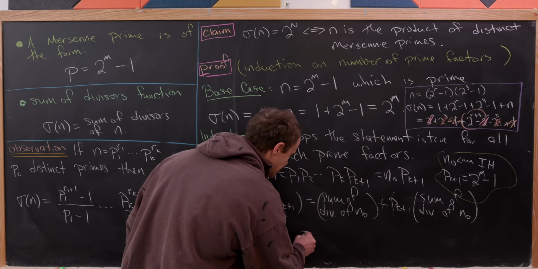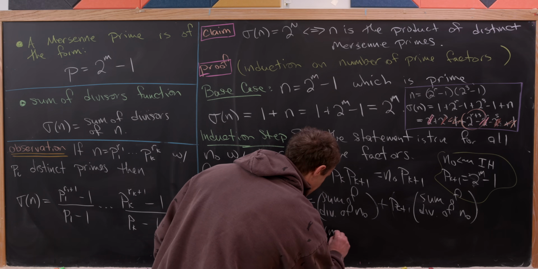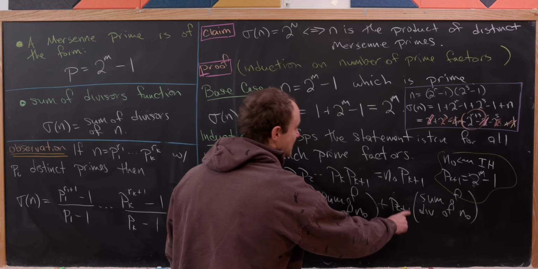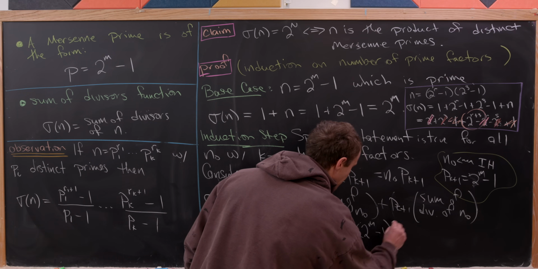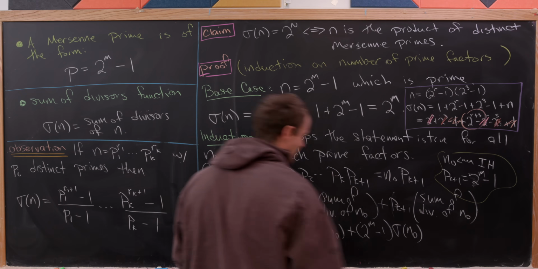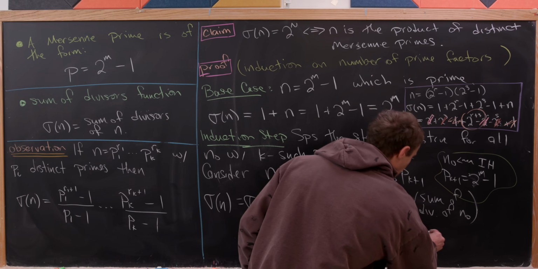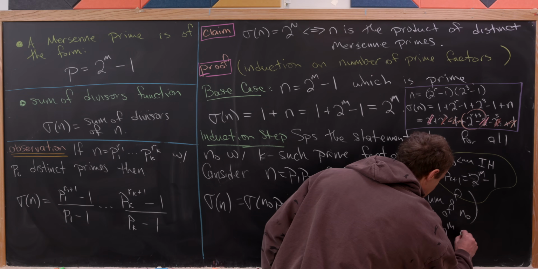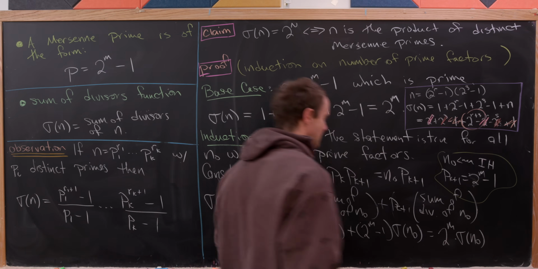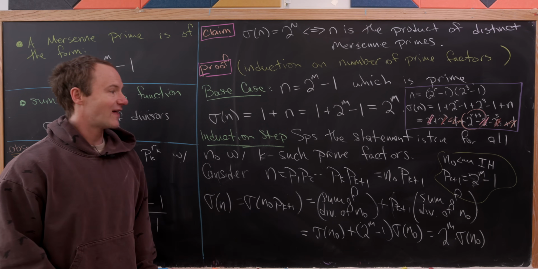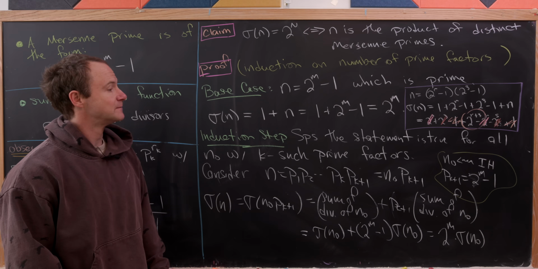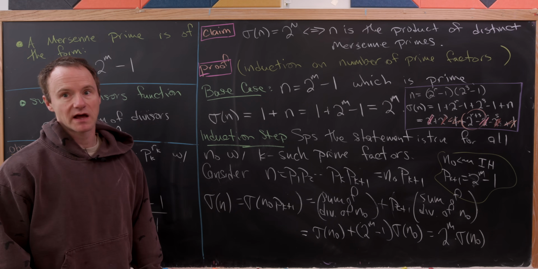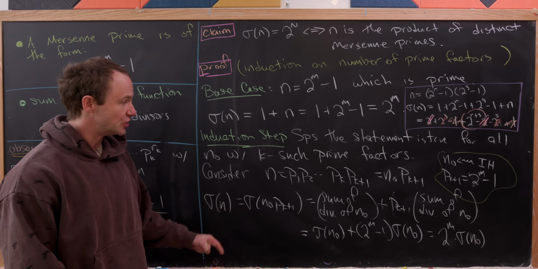But now let's observe that that's going to give us sigma n naught plus pk plus 1, which is of the form 2 to the m minus 1. And then we've got sigma n naught there. But when all is said and done, we get 2 to the m times sigma n naught. But now we can apply the induction hypothesis to sigma n naught to say that sigma n naught is a power of 2.